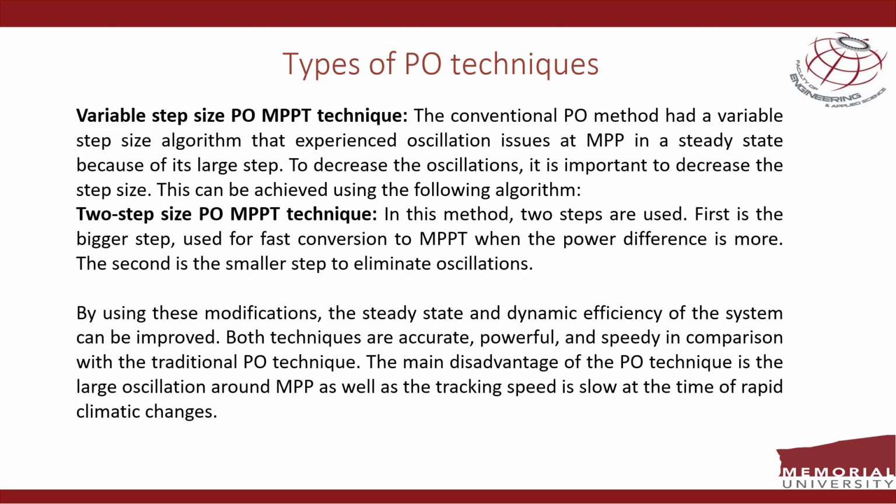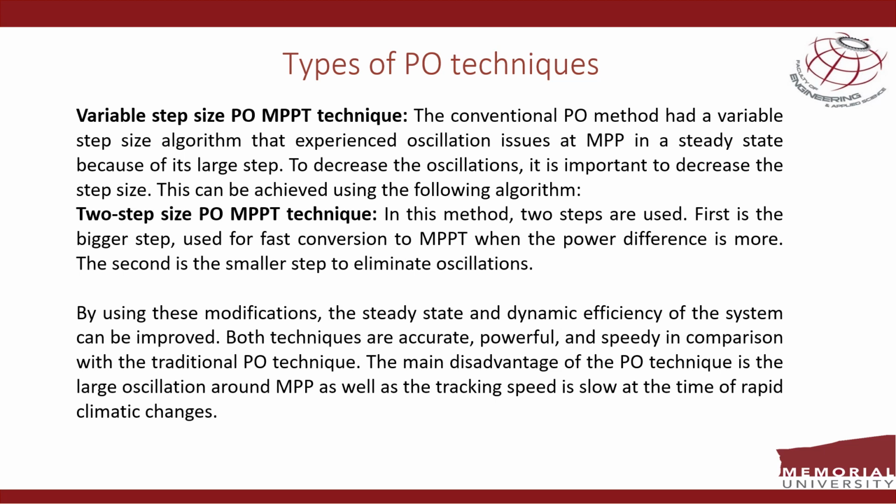The PO algorithm is further divided into two types. One of them is variable step size method. It has variable step sizes due to which oscillation issues at maximum power point in a steady state condition have been observed. As a solution, two step size PO algorithm can be employed in which a larger step is used at first for fast convergence to MPPT when the power difference is more, and there is another step which is smaller to eliminate oscillations.